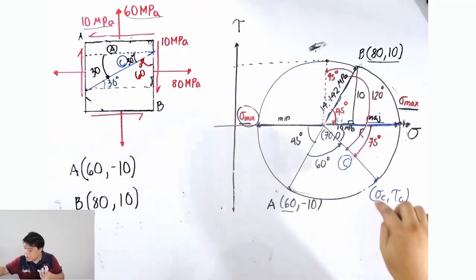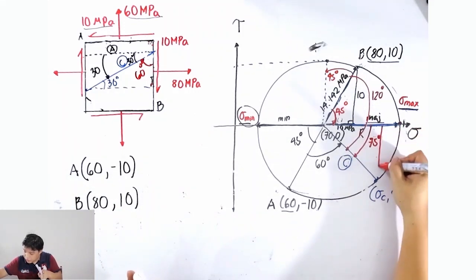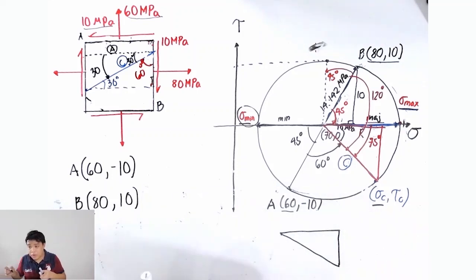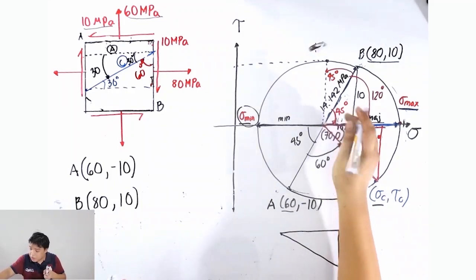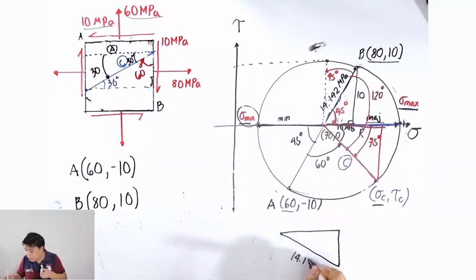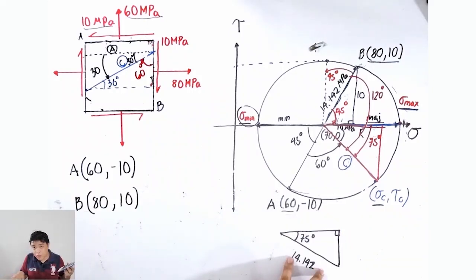If you want now to get the coordinate, you can just create a right triangle like this one. So this is just an illustration. To get the normal stress on C, the coordinate of the center, you just add the length of this leg. The radius is 14.142. This is 14.142. And this one is 75 degrees. If you want to get this length, that's 14.142 times cosine of 75.